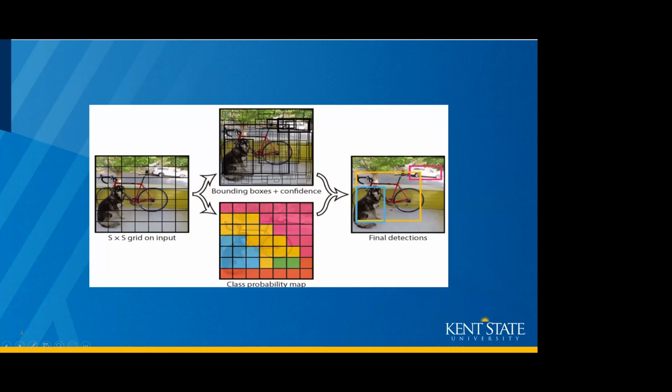So here we can see all the many boxes, and then the object labeling down here. So the dog in blue, the bike in yellow, and the car in red. It doesn't know exactly where they're at, but the bounding boxes do. So then it combines these two to give where the dog is at and that it is a dog, the bike, its location, and what it is, and so on.